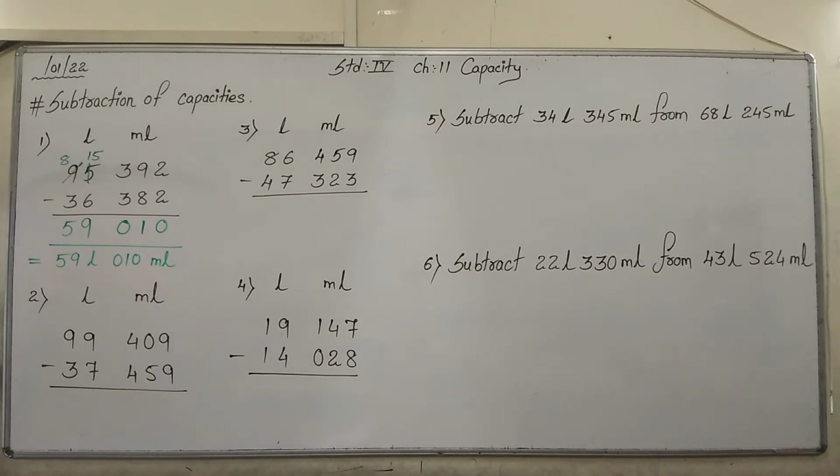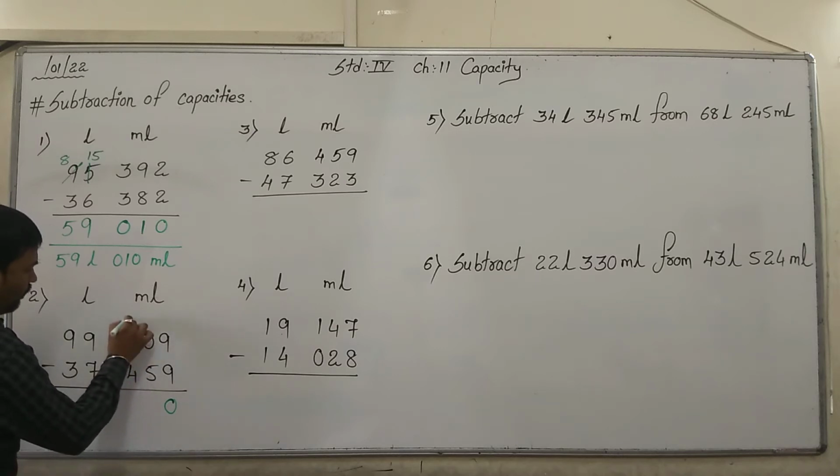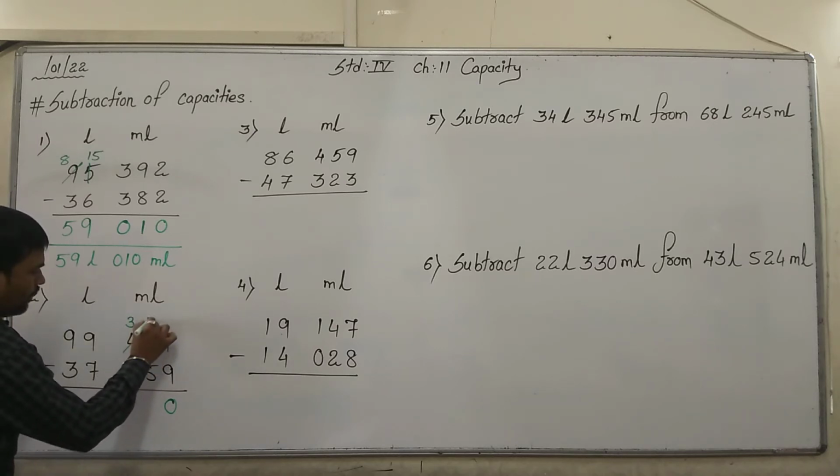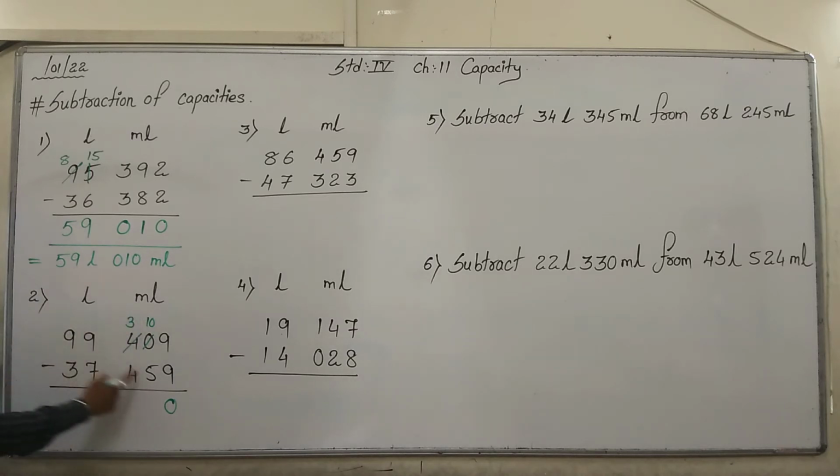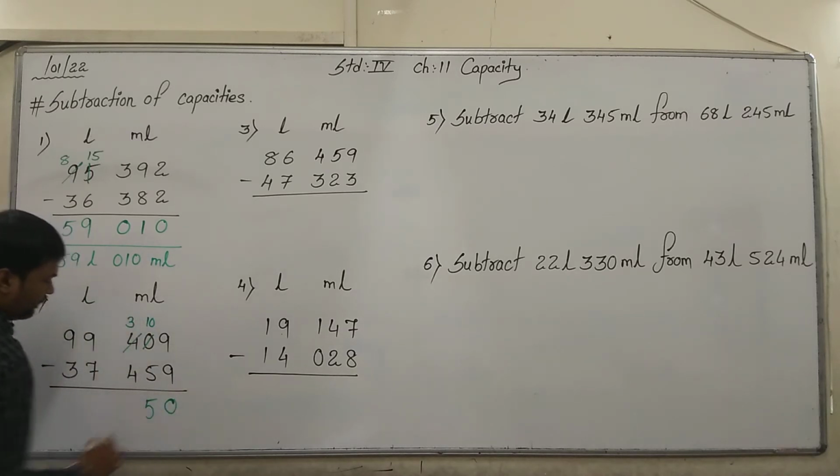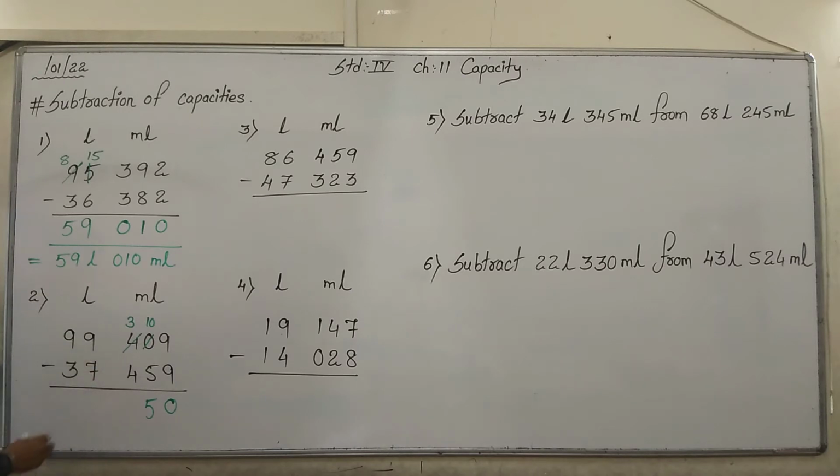Right? Second one: 99 liters 409 ml minus 37 liters 459 ml. Again, same. 9 minus 9 will be 0. 0 minus 5 is not possible, so this 4 will become 3 and 0 will become 10. 10 minus 5, it will be 5. 3 minus 4, again it is not possible, so 9 will become 8 and 3 will become 13.